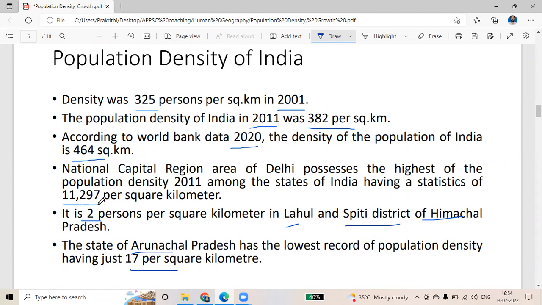But if you look at the National Capital Region, it is tremendously high, more than an imaginable condition. We will study the consequences of this population later on. With such high density, there are a lot of problems, especially in the area where our administrative capital lies.